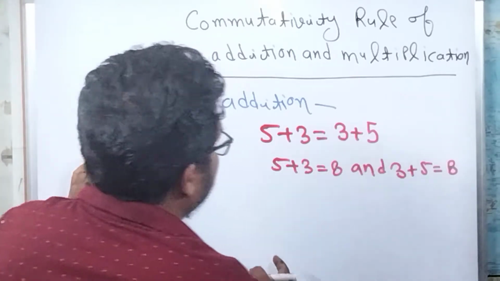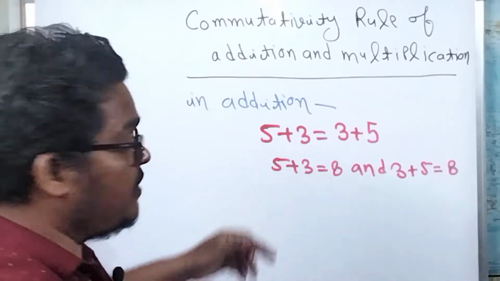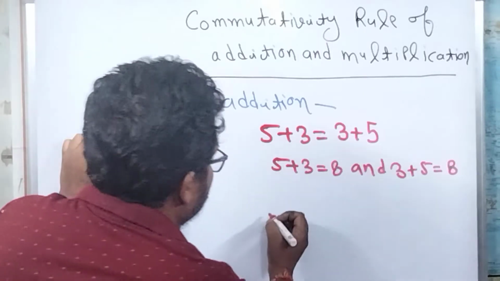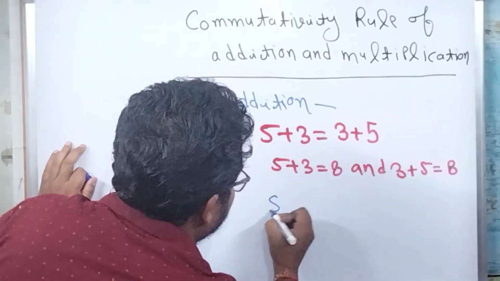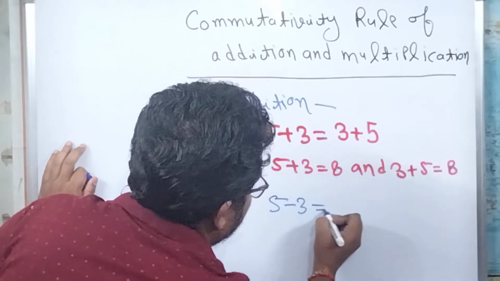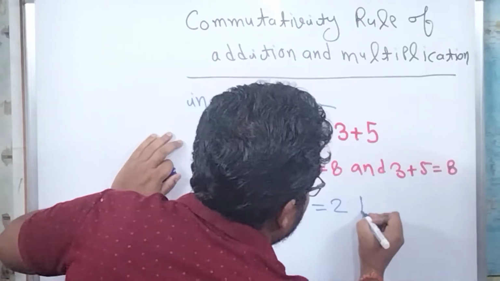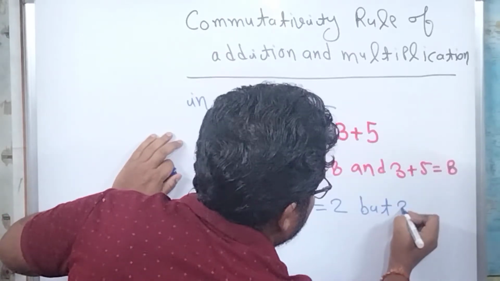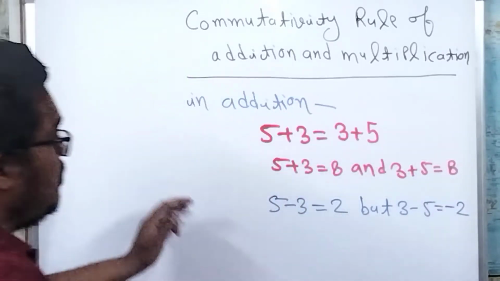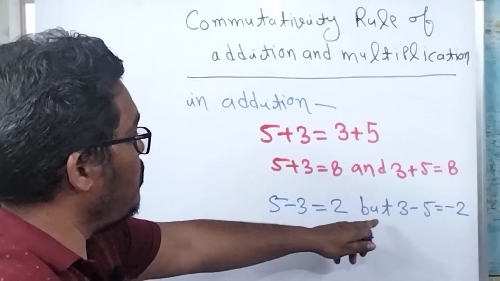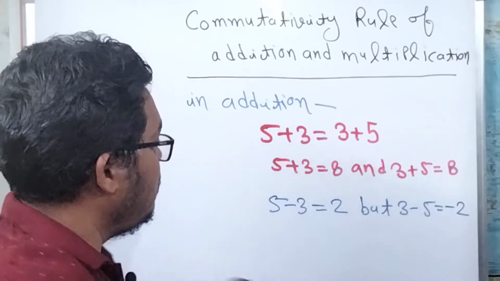Here we see why the subtraction rule is not followed. 5 minus 3 is equal to 2, but 3 minus 5 is equal to minus 2.